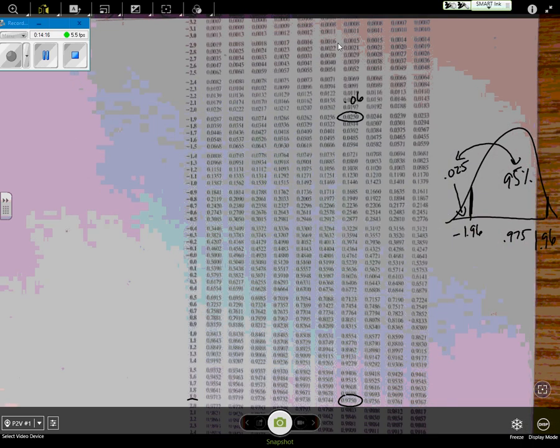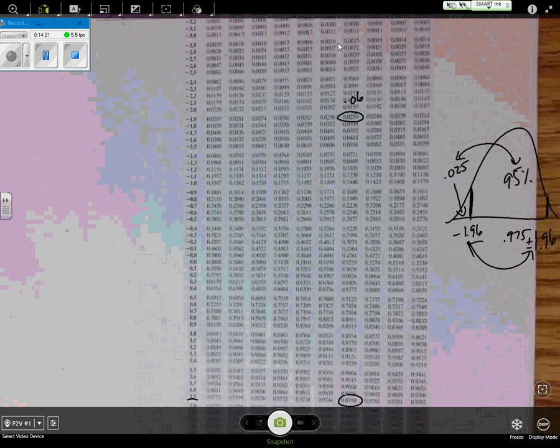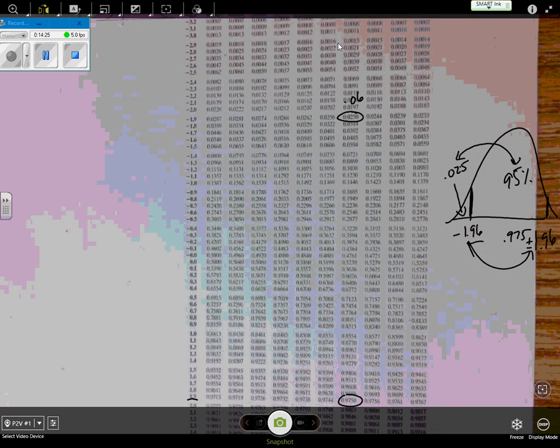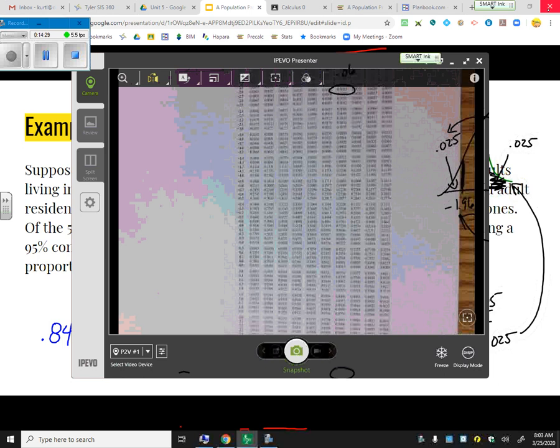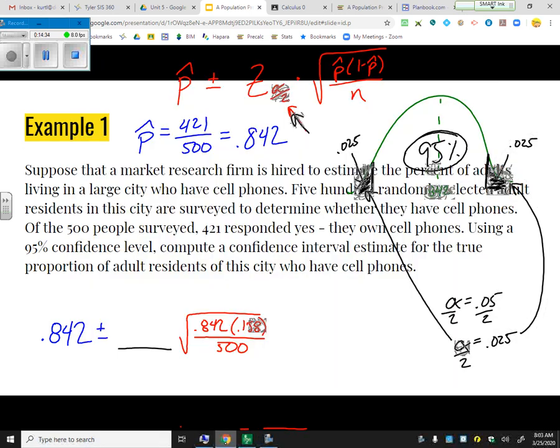So that's why it has the plus or minus, because we can use either the positive or the negative. Okay, so we're ready to bring that 1.96 over to this. And so that plus or minus, I already got built in right here, 1.96.